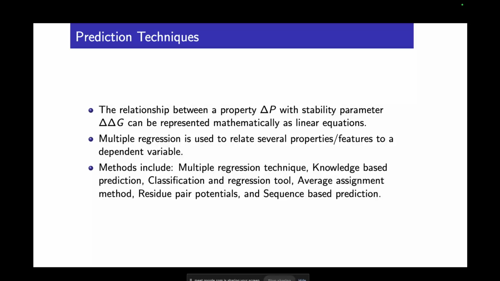Ultimately, what you're trying to do is explain the change in free energy. You're going to explain it through possibly long-range context, through mutations that have happened, and some other properties. So it is a multiple linear equation where your dependent variable is your delta G, and all your independent variables are the parameters that you're looking at.